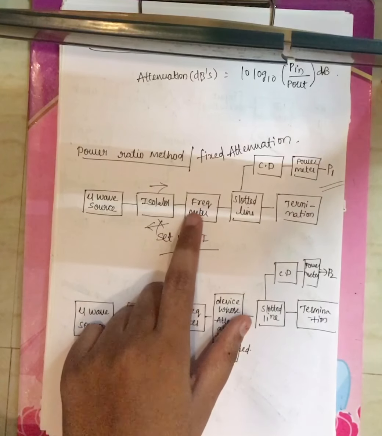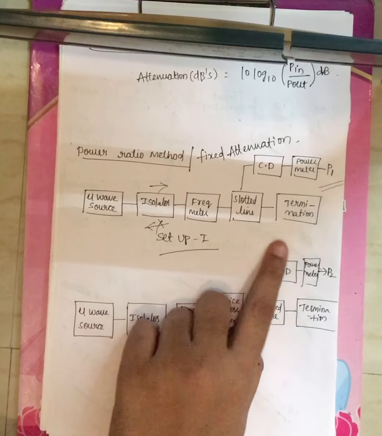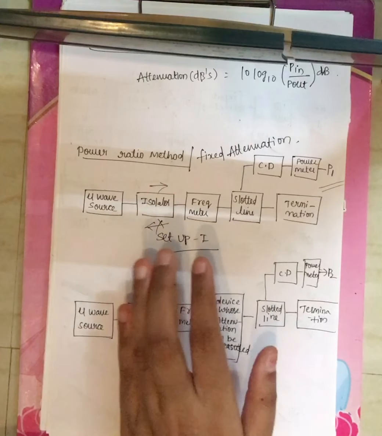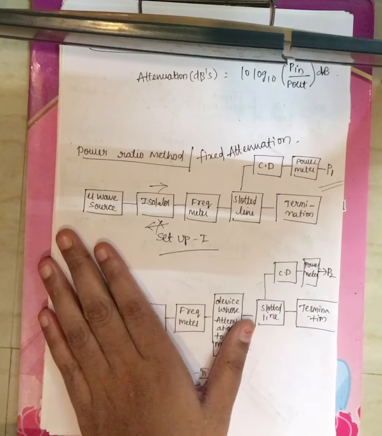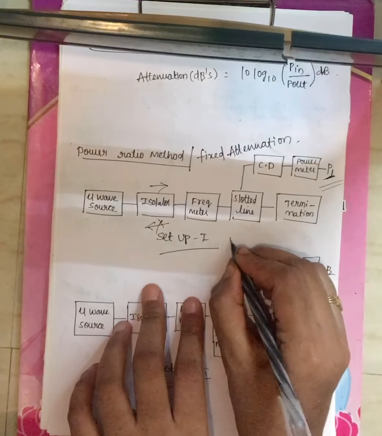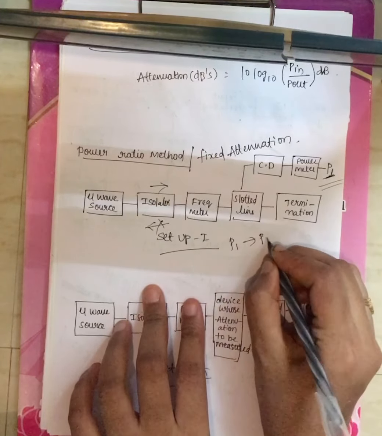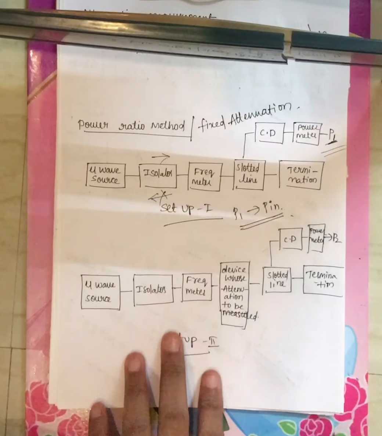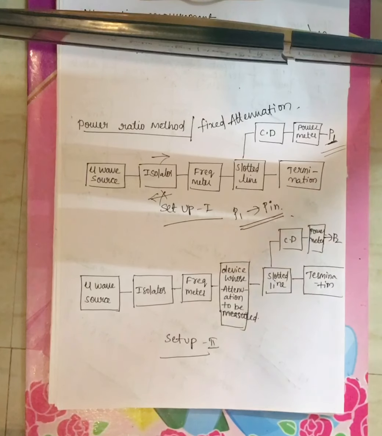Then it is given to the frequency meter, the slotted line, and the normal test bench. So using the normal test bench we are measuring the power of the microwave signal, given by P1. P1 is nothing but your input power. We are getting the input power from setup 1, right?